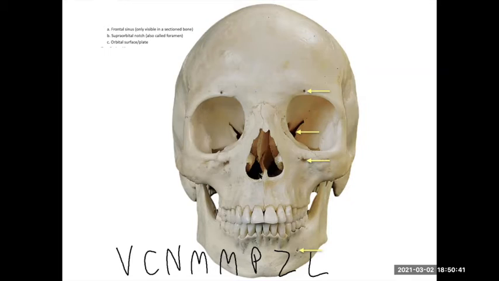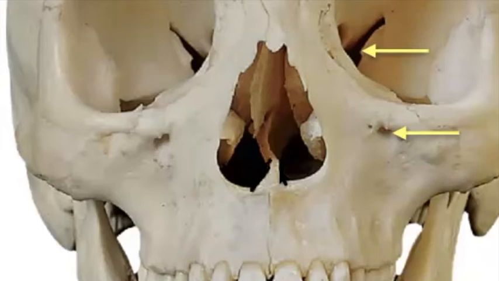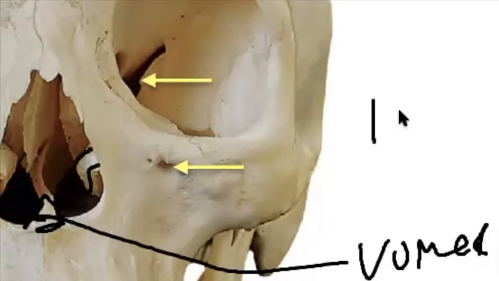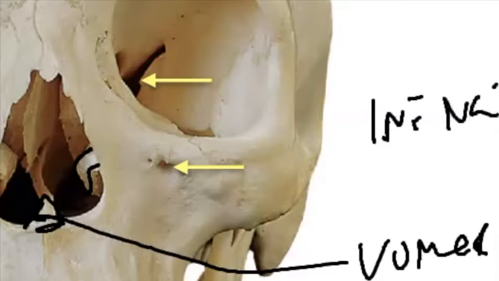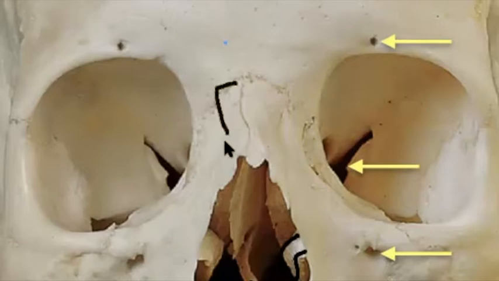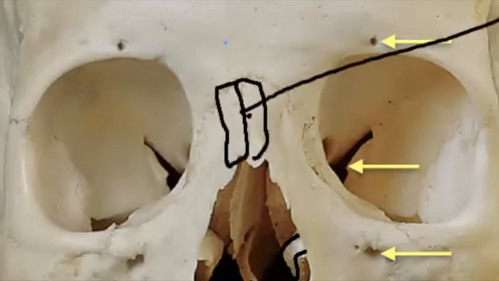And then you'll find your vomer. It's kind of back over here somewhere. Your vomer. And then you're going to find your inferior nasal conchae, inferior nasal conchae for C. Not for your nasal bones. Over here, nasal.